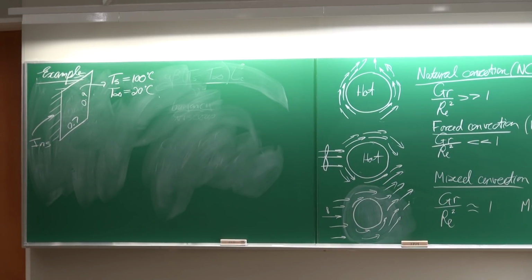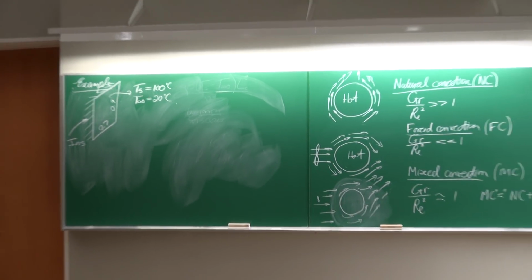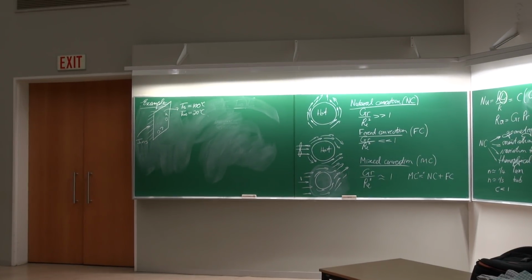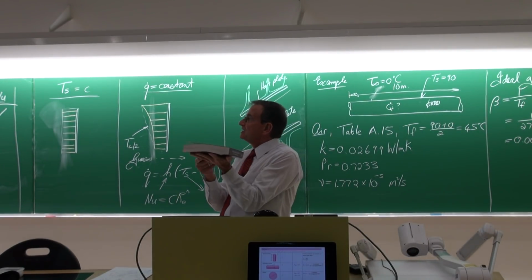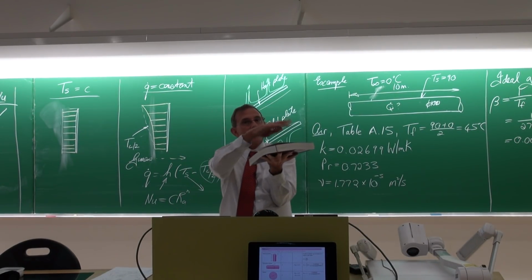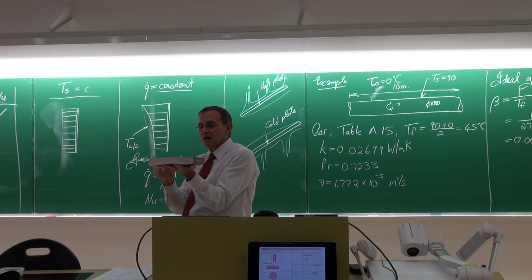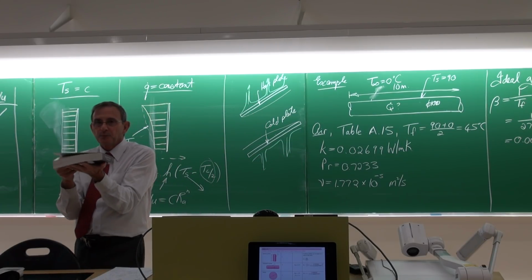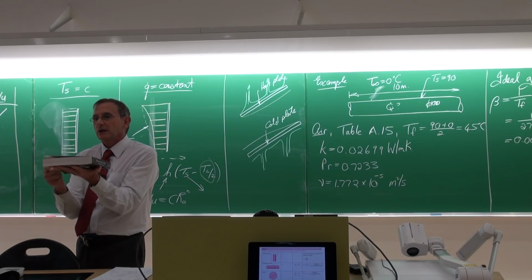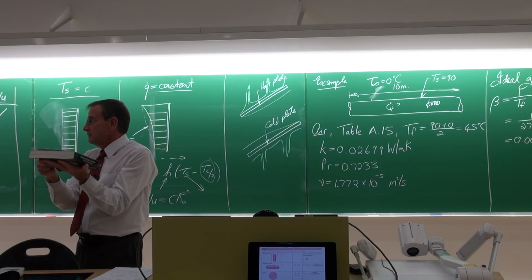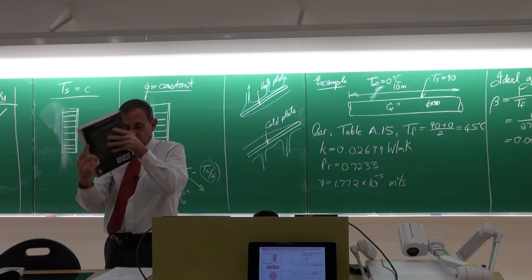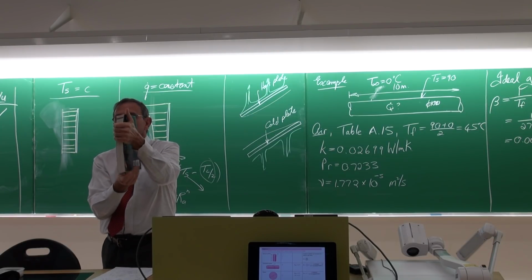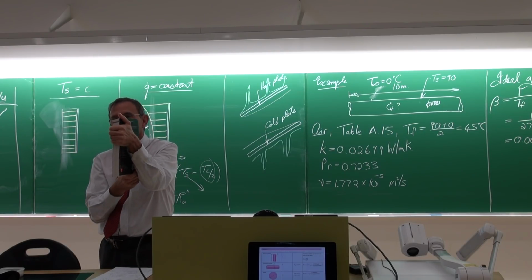And we're going to look at the influence of different configurations. So imagine this is a flat plate. It has been heated to 100 degrees Celsius and the outside temperature is 20. If we keep the flat plate like this, there will be natural convection to the environment. But now my question is, what happens if you change it into this direction?